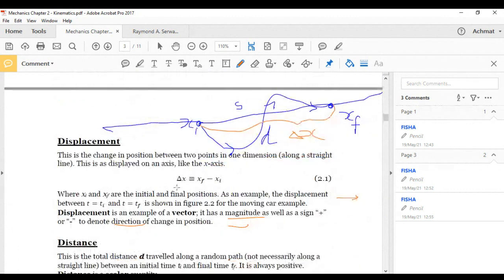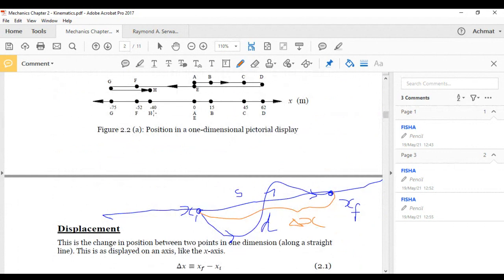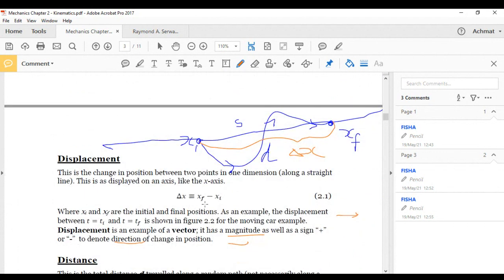According to this formula, XF would have been minus 40, minus your initial position between A and H, which we said was 0. So my displacement in this case is equal to minus 40.